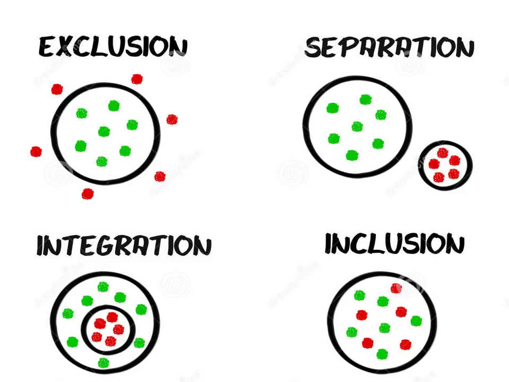The inclusion method is where students with disabilities and diverse learners are really considered when the curriculum is created, when classroom spaces are created, and really account for the diversity of all students. And so you can see here that both students that traditionally are in mainstream classrooms and students with disabilities are included as part of a classroom experience.